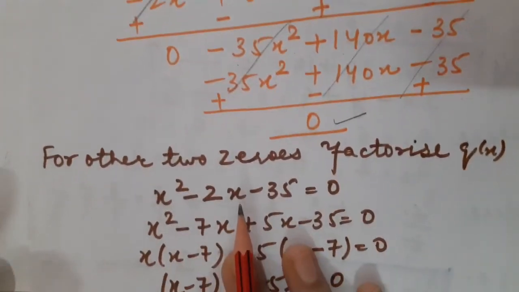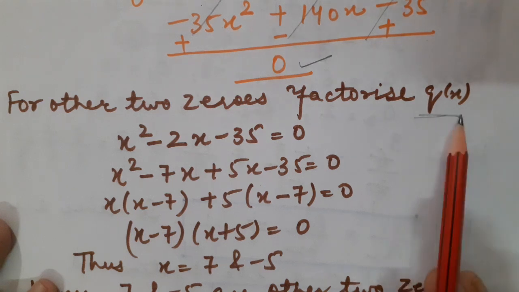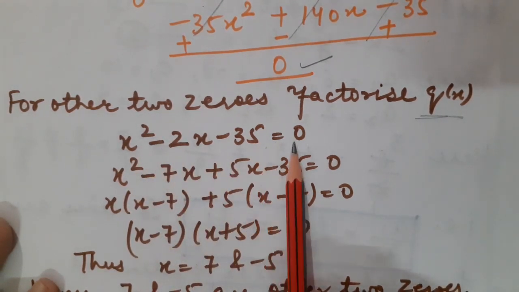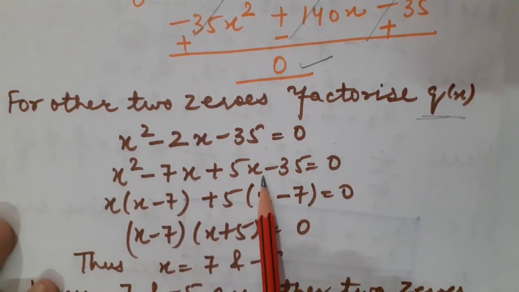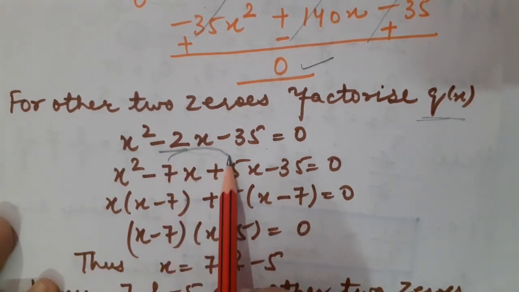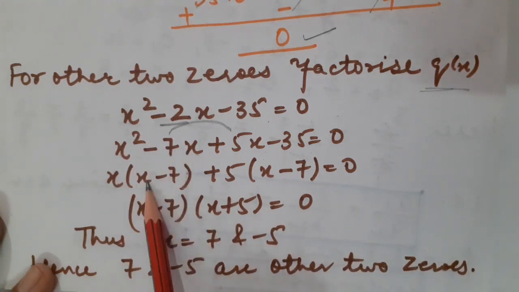Correct? Now as we have to calculate the other two zeros, definitely I have to factorize q(x), which is x square minus 2x minus 35 is equal to 0. So it would be x square minus 7x plus 5x minus 35, because I want the sum as minus 2 and the product as minus 35. Now taking x common, it would be x minus 7.